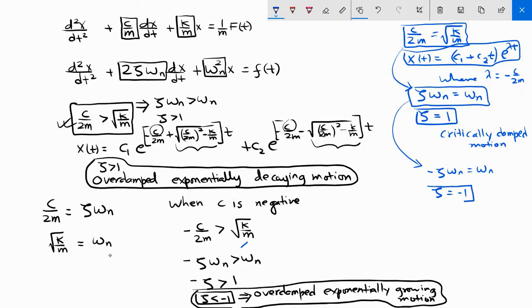So when zeta equals to negative 1, we will get critically damped exponentially growing motion. So to put the zeta equals to 1 in the same way, we can say that this is critically damped exponentially decaying motion.